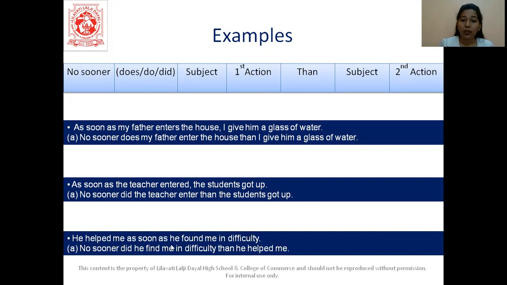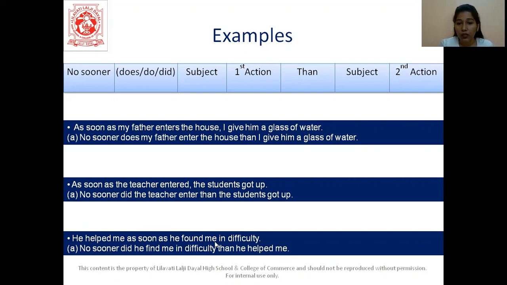He helped me as soon as he found me in difficulty. Now here we do not have as soon as starting the sentence, but still we have to replace it. So no sooner did he find me in difficulty, then he helped me. Now here you have to understand which is the first action and which is the second action.